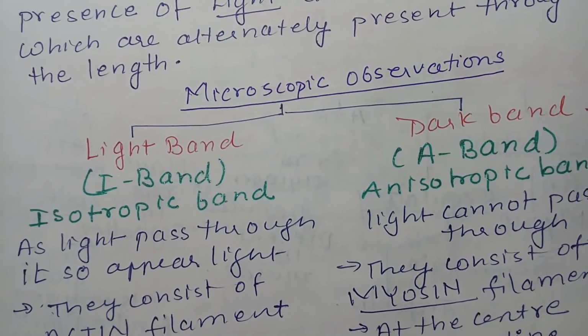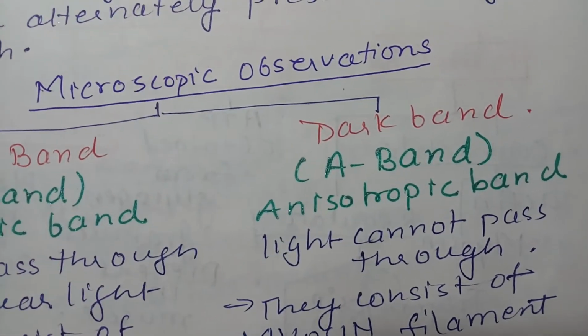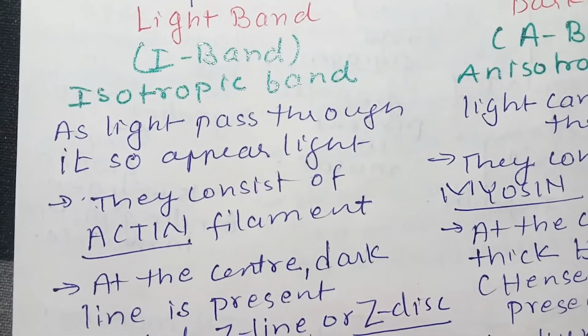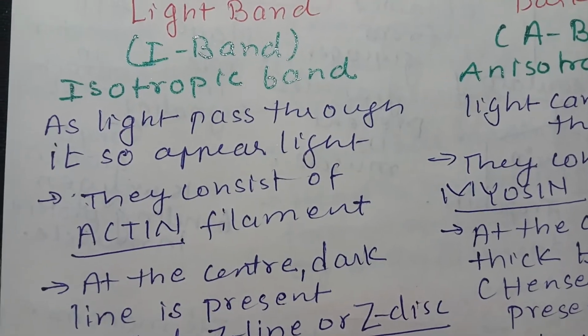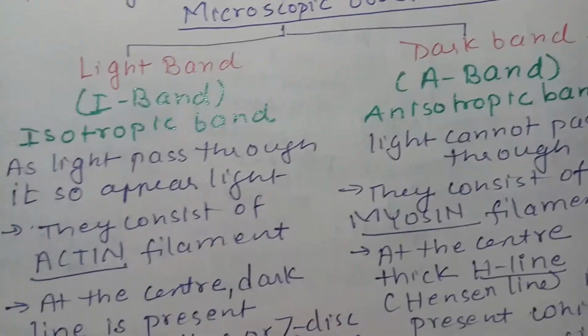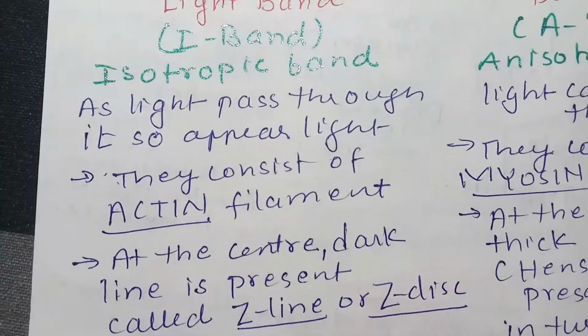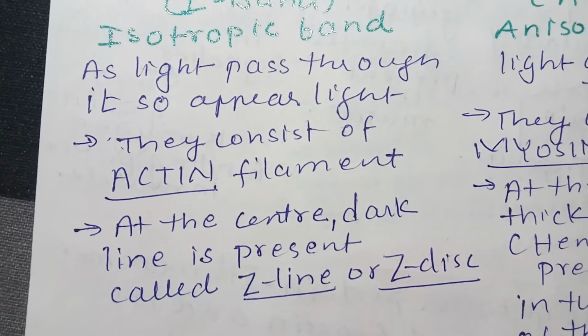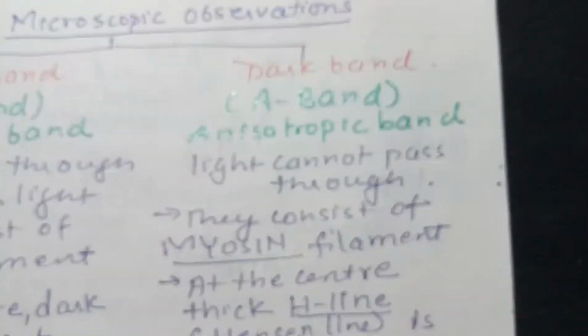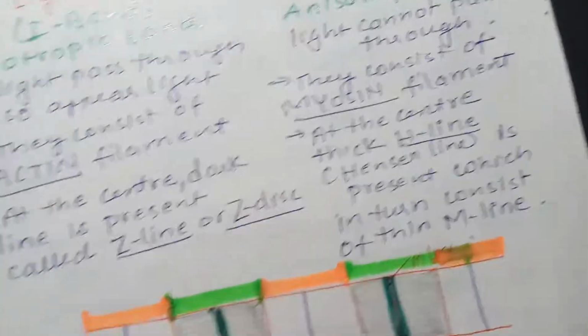The light band is called the I band or isotropic band, and the dark band is called the A band or anisotropic band. The light band is so called because light can pass through it, so it appears light, whereas through the dark band light cannot pass. In composition, the light band is made up of actin filaments and the dark band is made up of myosin filaments.